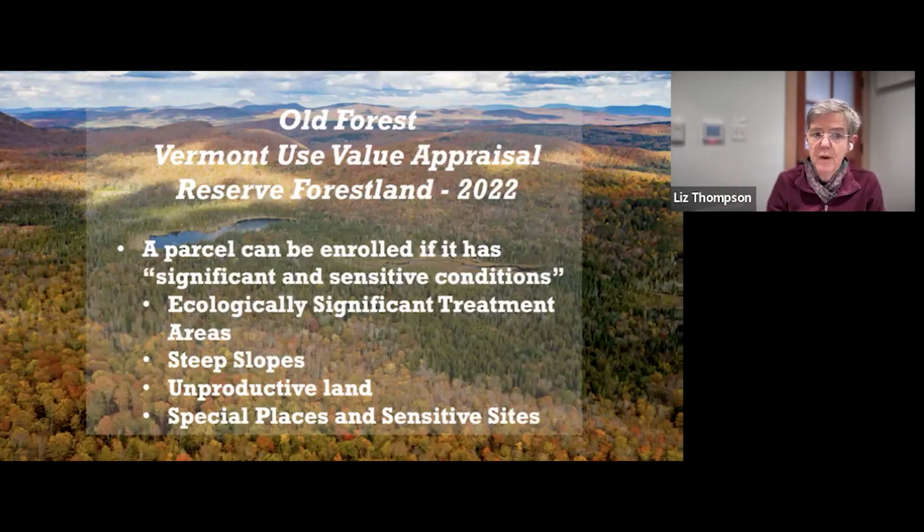These are generally rare natural communities, significant natural communities, rare plants, and things like that. Or if it has steep slopes or unproductive land like wetlands, special places, and sensitive sites. Then you can enroll your parcel in reserve forest land, and you can choose to manage it actively, or you can choose not to. You can choose to let it be what it will be over time, passive management as we describe it.